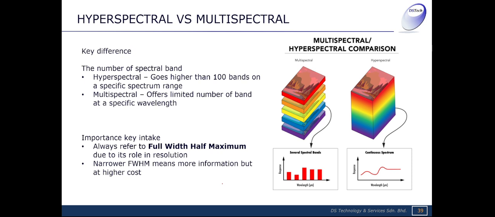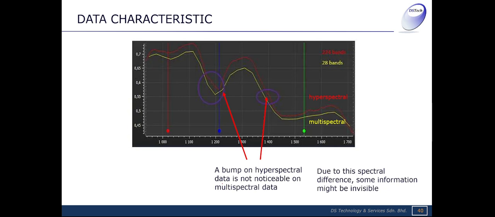This is how a tunable filter works, where you can change the spectrum you're looking at, compared to multispectral, where there is usually a specific type of spectrum you are looking at. This matters because it will tell you a lot of missing information.